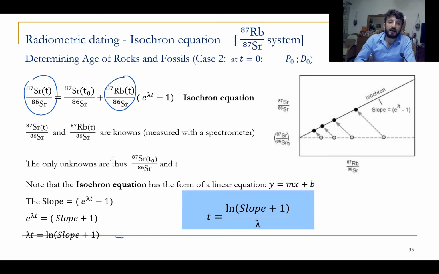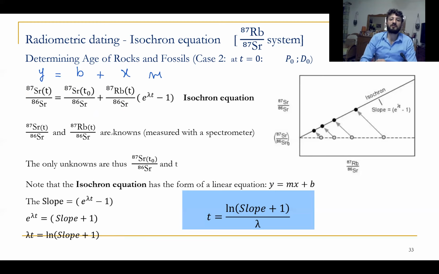Anyway, we have only this value, strontium 87 to strontium 86. In general, we don't have the value of strontium 87 at the initial time. Here, if you look well, the Isochrone equation is similar to y equals b plus mx.